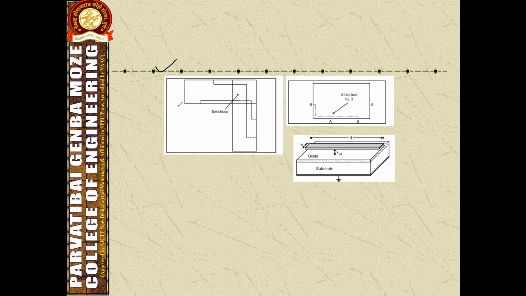Next topic we will see is wiring parasitics. In the CMOS process, several metal layers are used in interconnect wiring.